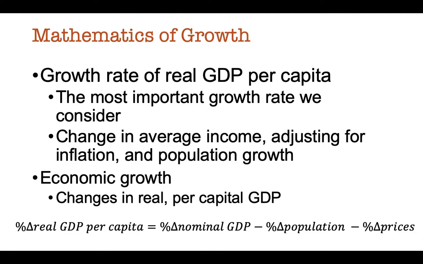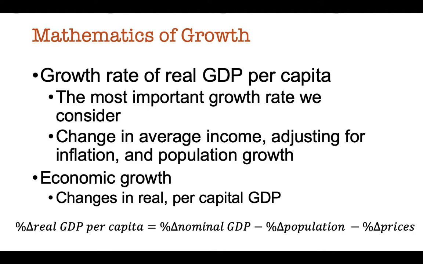So another way of saying that is economic growth equals, on the left side of the equal sign, we start with the growth rate of nominal GDP, or percent change in nominal GDP. We subtract out population growth, which is the percent change in the population. And then we subtract out the percent change in prices.